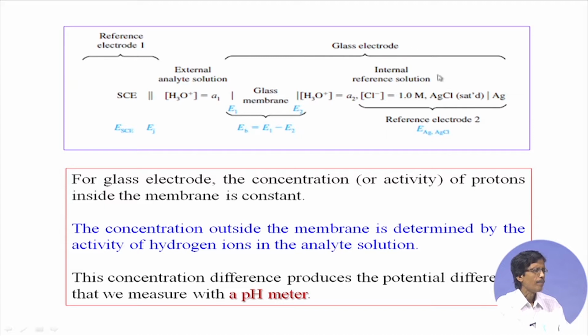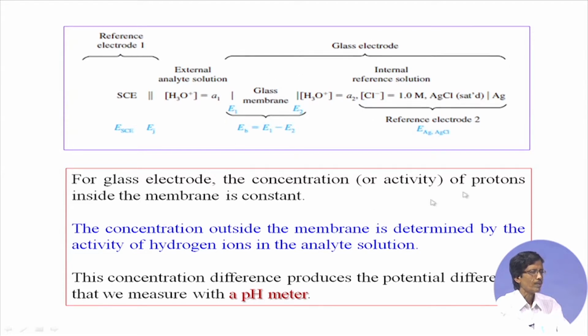So, you have this glass membrane, and this A2 value, this chloride concentration, is for your silver chloride electrode, but this A2 is within the glass electrode. So, the A2 concentration is not changing; it is the A1 concentration, your external analyte solution, that means what we have taken in your beaker, that will be monitored.